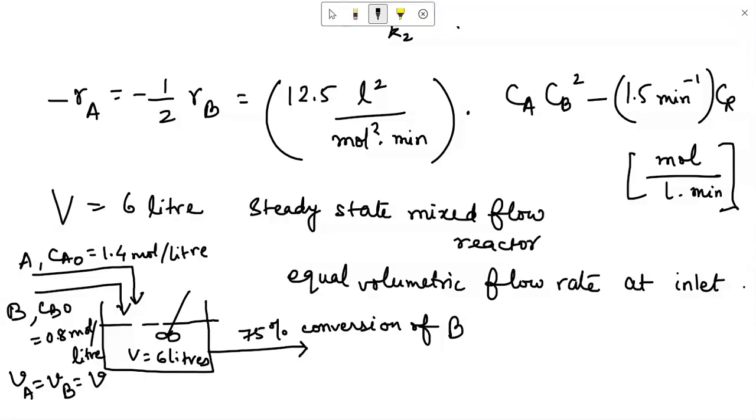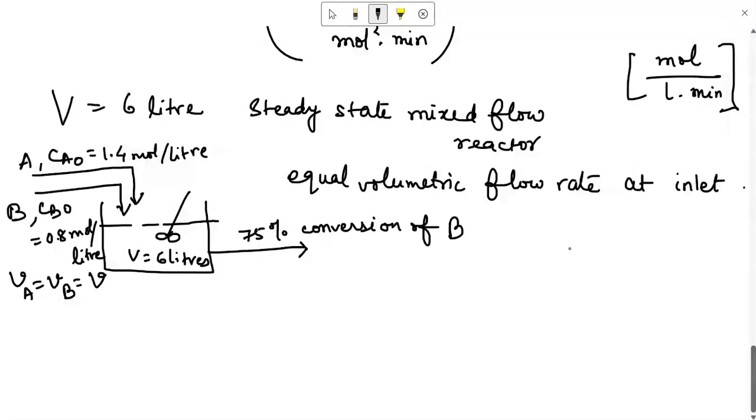So the outlet condition is that 75% conversion of B has been achieved. What should be the flow rate of each stream? That is what we need to find out. They have also mentioned that you have to assume this is a constant density system, that is, epsilon A equals 0. So how do we solve this problem? I hope the problem statement is clear.